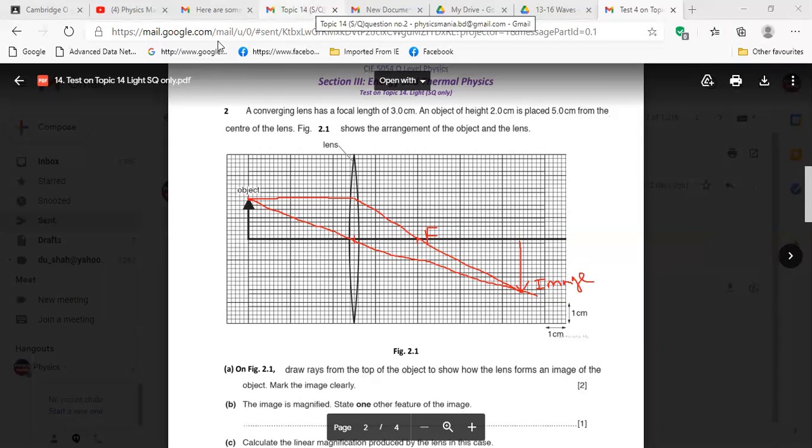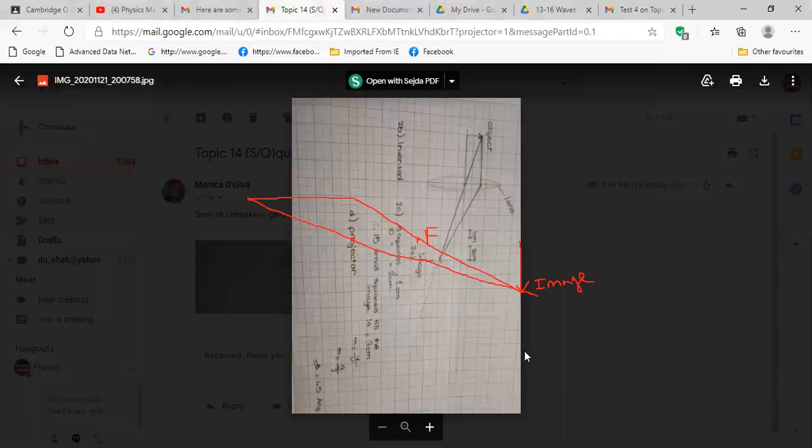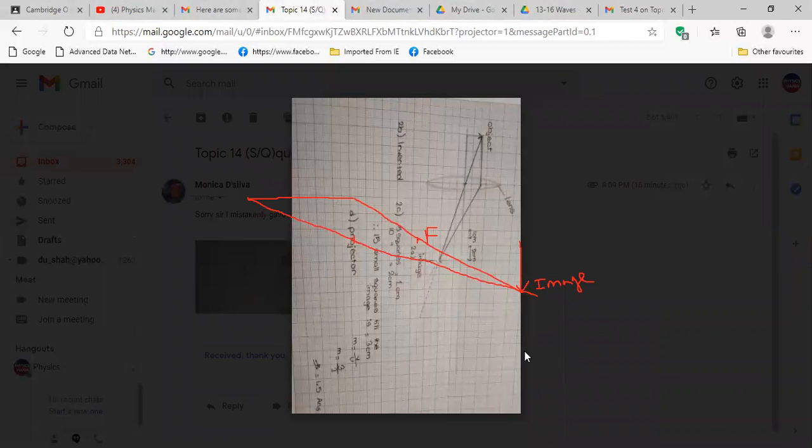Now we take Monica's one. Monica, you drew it nicely and it is correct, right? What do you think, Mahi? It is correct, right? You see, the first one. Then she gave here focal point 1, 2, 3. Monica, focal point. Yes, sir.